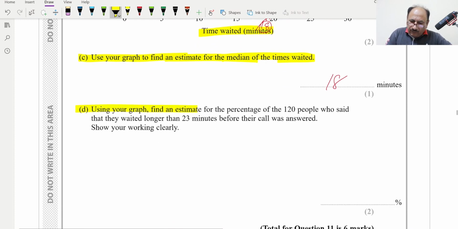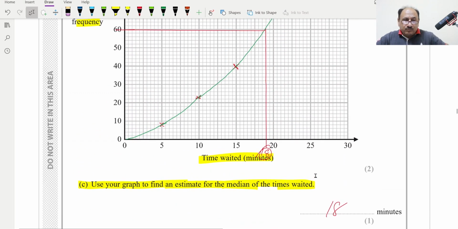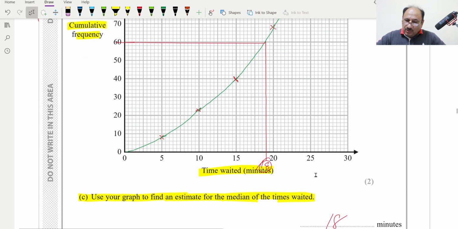Using your graph, find an estimate of the percentage of the 120 people who said that they waited longer than 23 minutes before their call was answered. Show your working clearly. So we have to check more than 23 minutes. So we will be checking the 23-minute mark. This is 20, 21, 22, 23 mark over here.